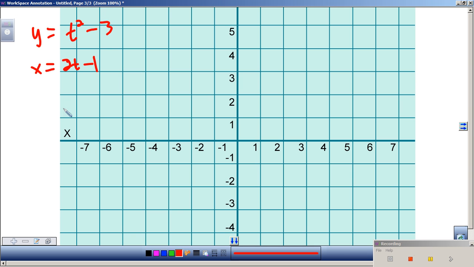Okay, parabola. Let's say t values go from -3 to 3. So, if t equals -3, what is my coordinate?